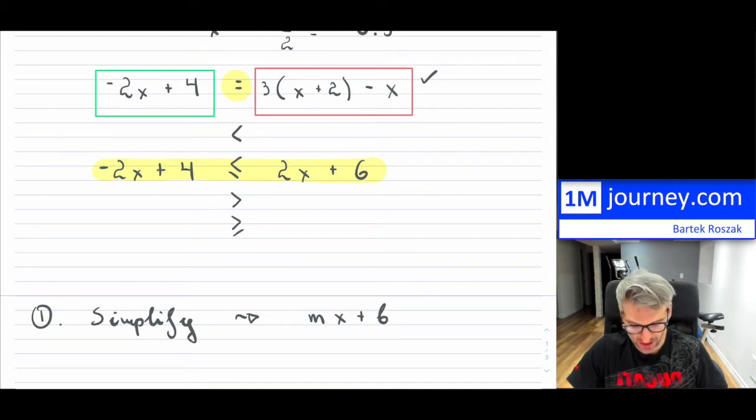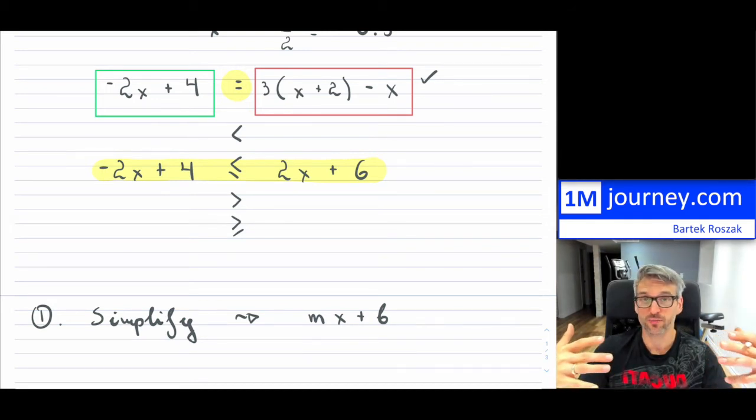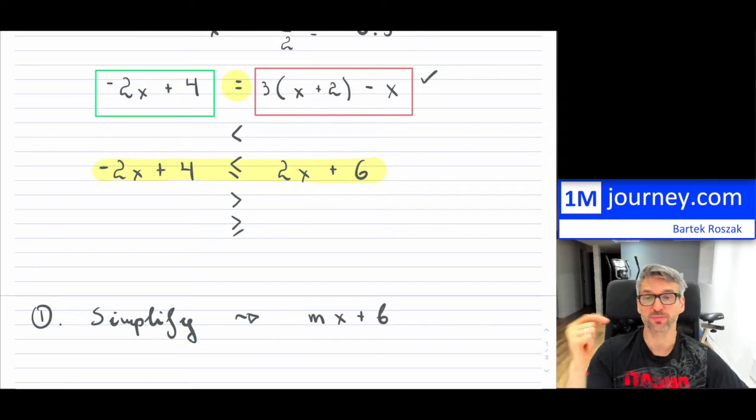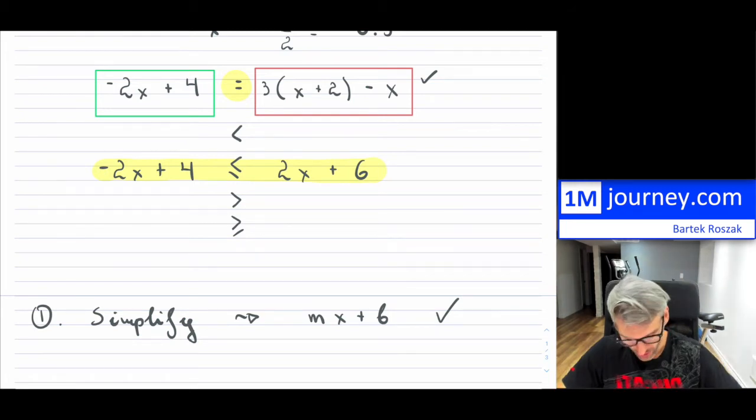This is, again, just an assumption that it's linear, so we don't have any variables in the denominators, or any variables with a power of 2 or a square root or anything like that. All right. So that's the first step, simplification. That will not change when you're solving inequalities. You will be solving these inequalities by putting them into this mx plus b form. So that would have been the first step.